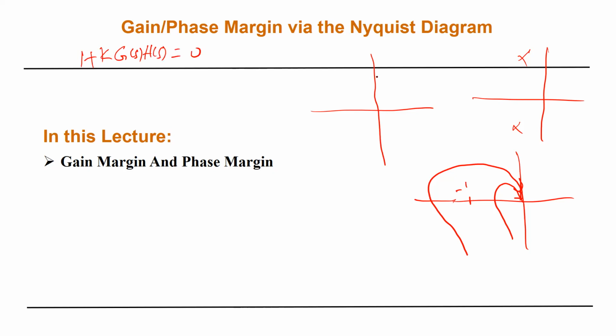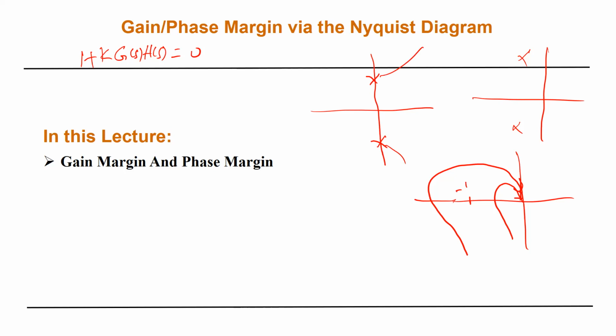It corresponds to the j omega intersection. It is where the system becomes marginally stable, because kgh will be -1. So the open loop gain will be -1. It corresponds to this point. If you increase, it means that you go in this direction, and this becomes unstable. So this is the same thing.